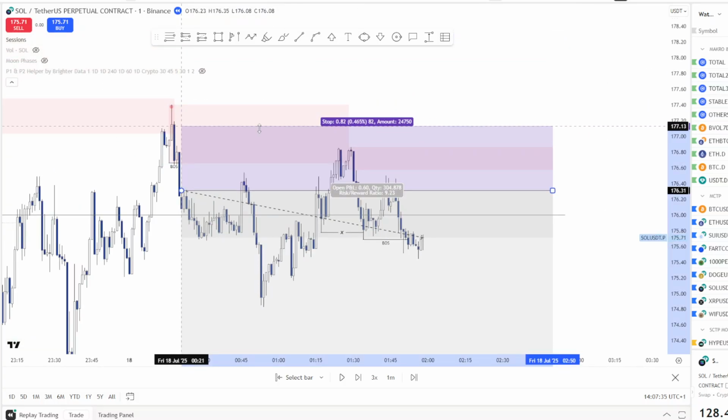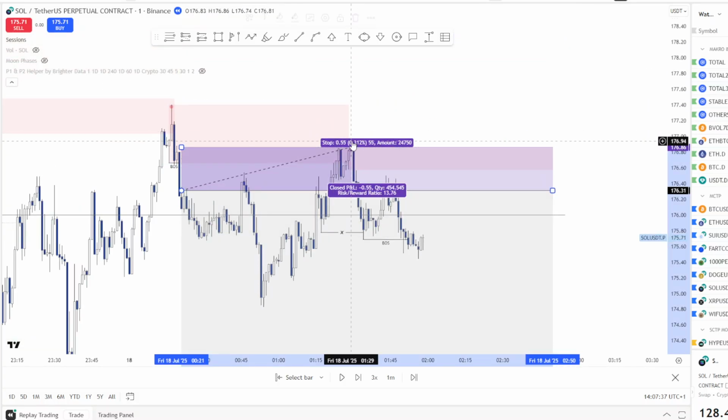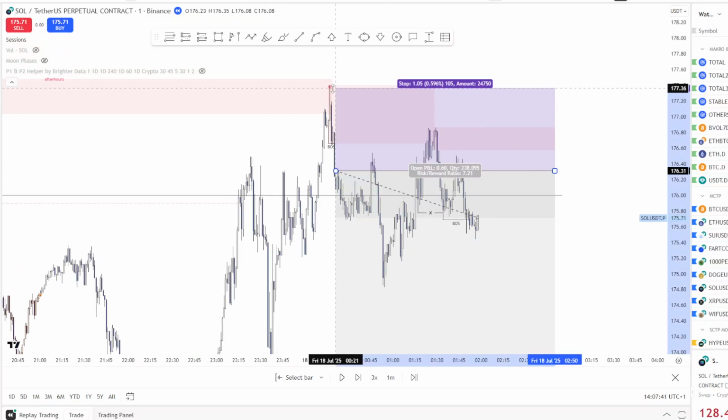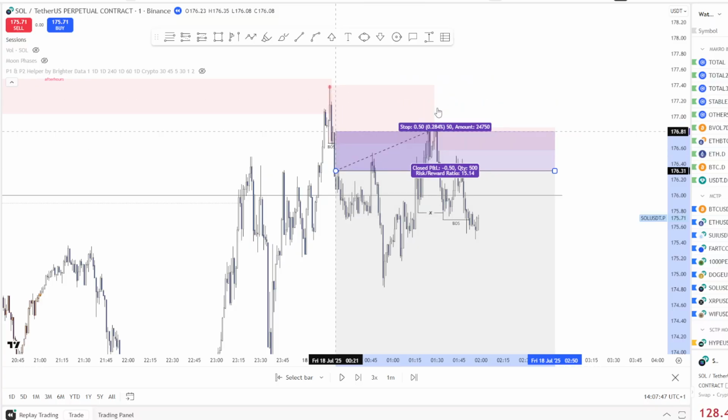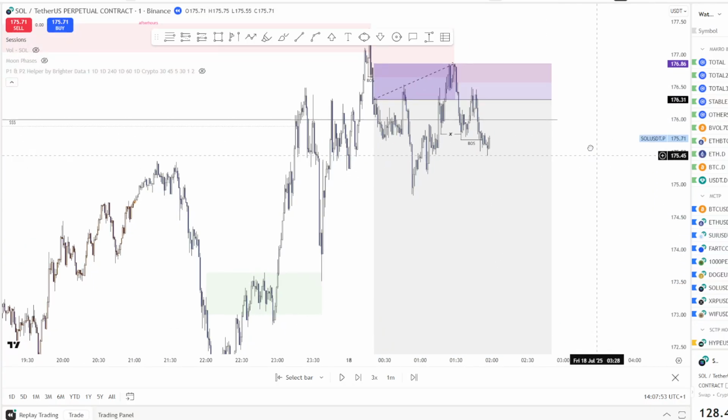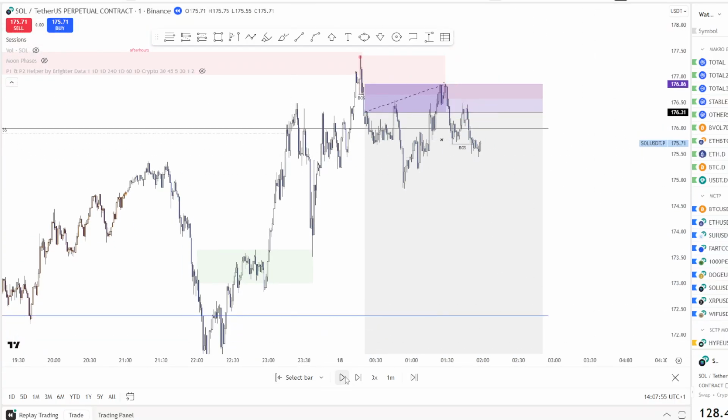We can trail our stop loss to here and de-risk from 0.618 to 0.3. So basically we are already risking 50% now. Let's see what the trade wants to do.